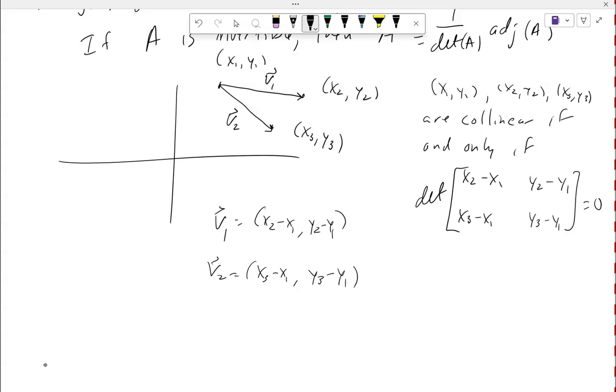That gives us a quick numeric way to check if these 3 points are on the same line. We do have to remember to do some subtraction.